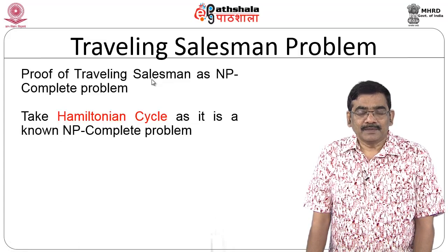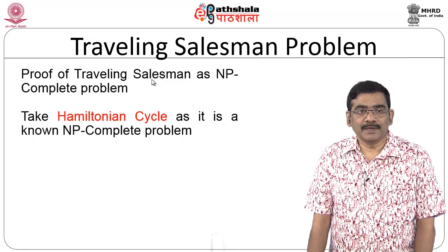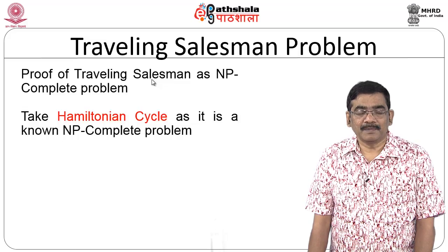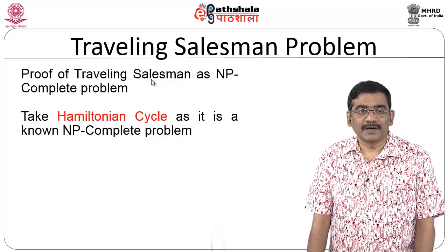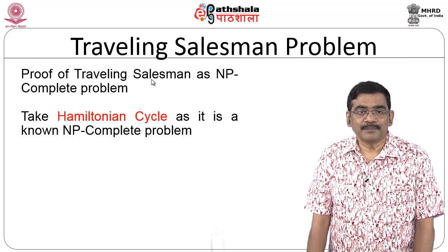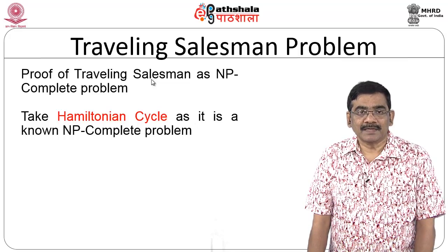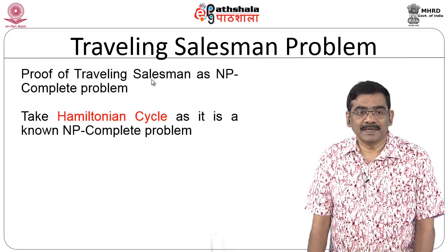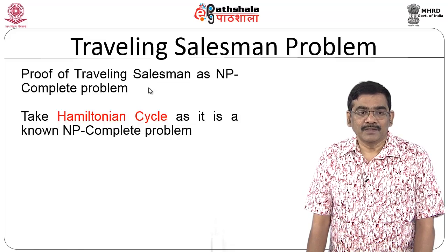And what we are going to do is take a very hard problem and reduce that to the traveling salesman problem, so that we can show that the traveling salesman problem is NP complete. For that we are going to take the Hamiltonian cycle because Hamiltonian cycle is an NP complete problem.